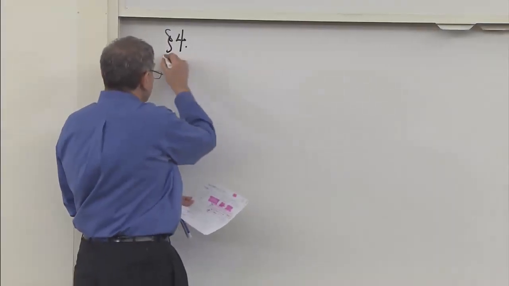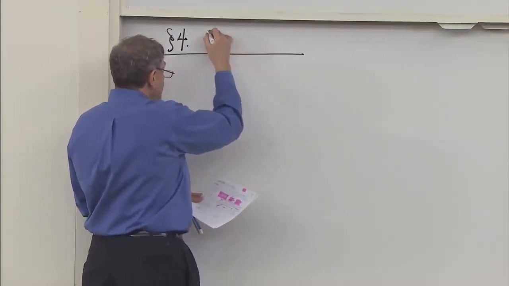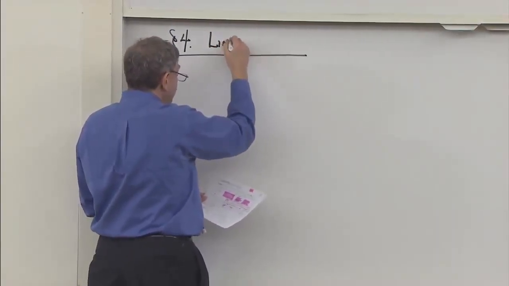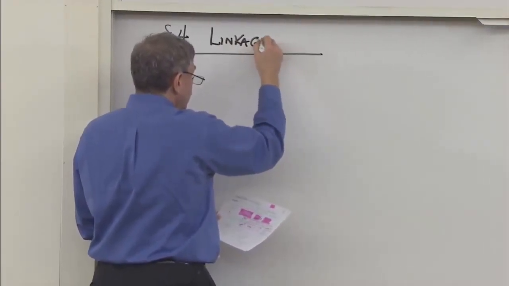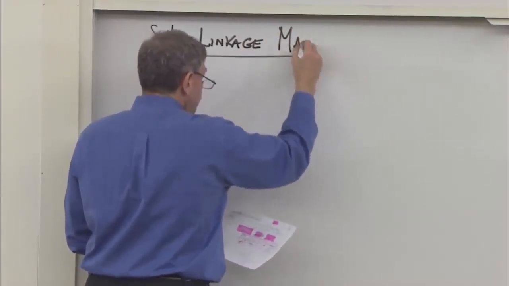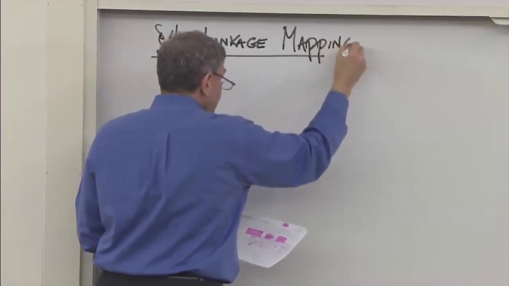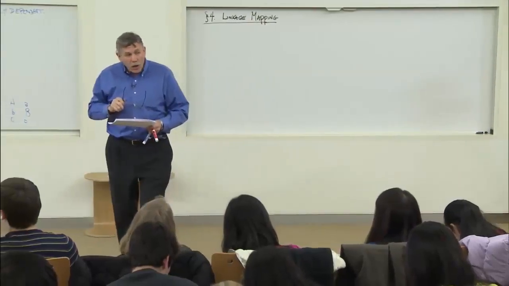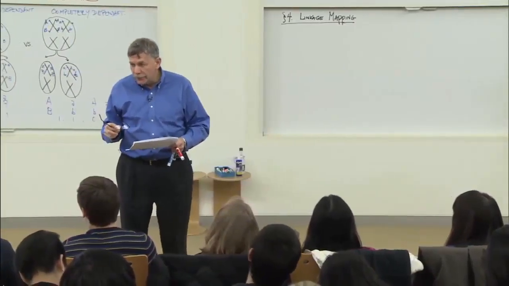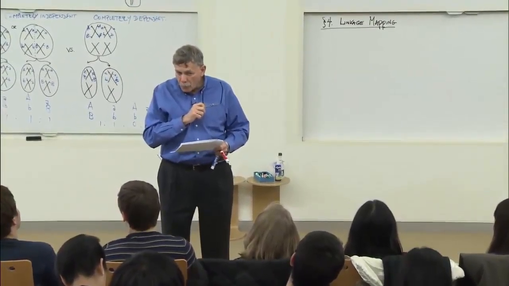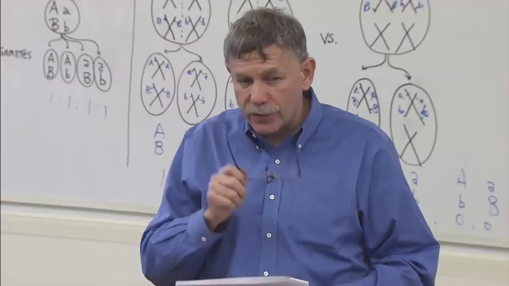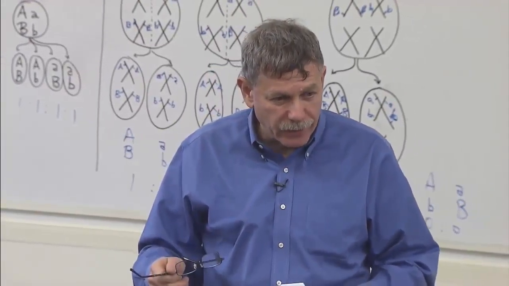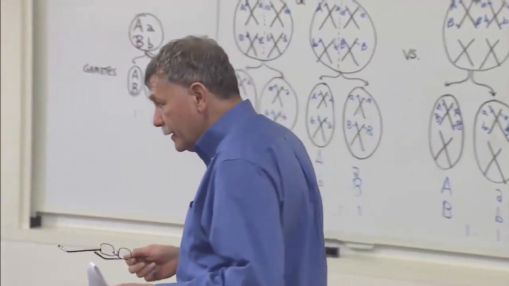Go from linkage maps here to now linkage mapping, an activity. What is so cool about this is that you can tell where genes live on the chromosome by crossing mutants with each other.